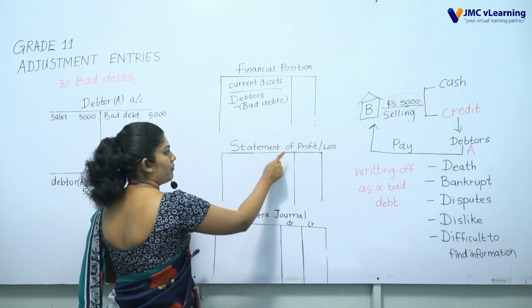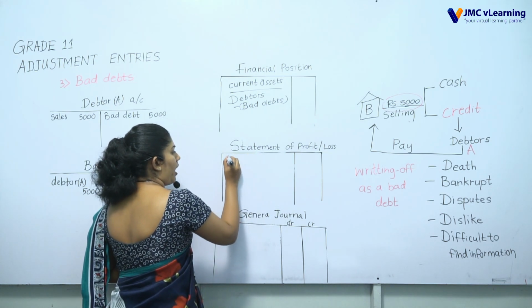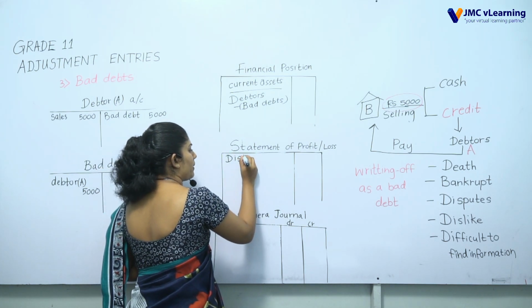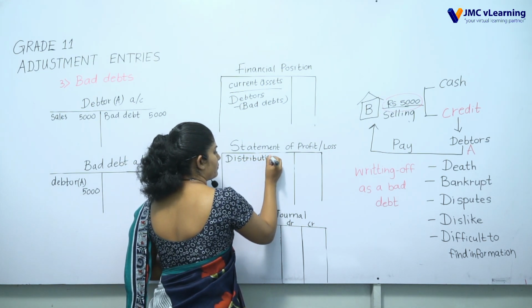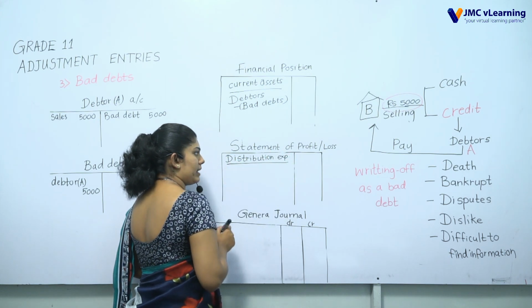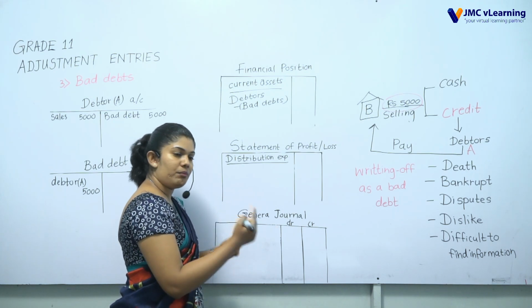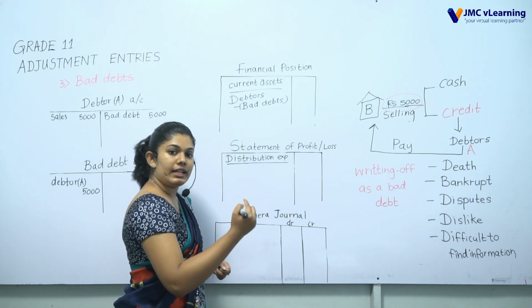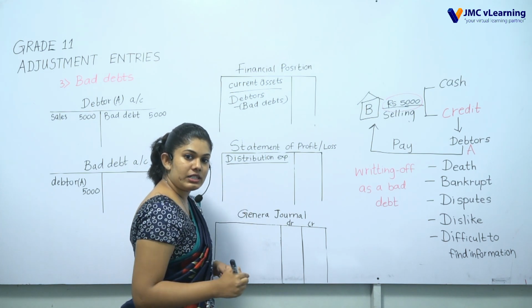Then, statement of profit or loss. In here, under distribution expenses. Why distribution? Selling and distribution, in short form we use distribution. Debtors are generated as a result of sales activity.